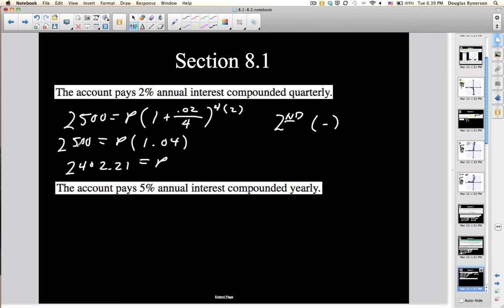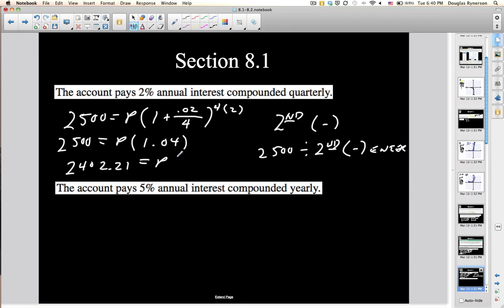In this case, I would have done 2,500 divided by second key, opposite key, enter in my calculator so that I could transfer this without rounding it. Because if I round it, I'm going to introduce error and I'm going to come up with a very different number here.